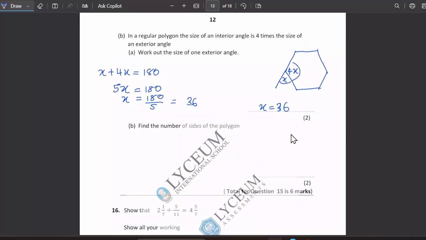So then now it's easy. One exterior angle is 36. So all the exterior angles should be added up to 360. So n is the number of sides. So now we can find n: 360 divided by 36, we get 10. Okay.